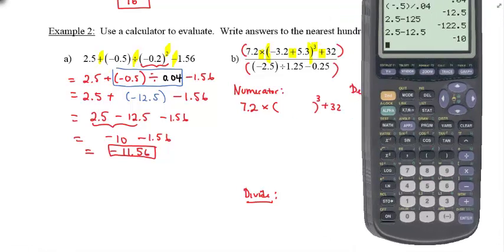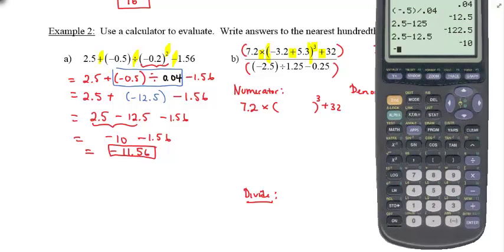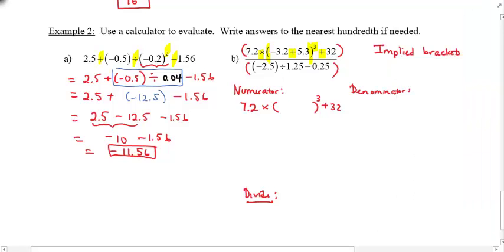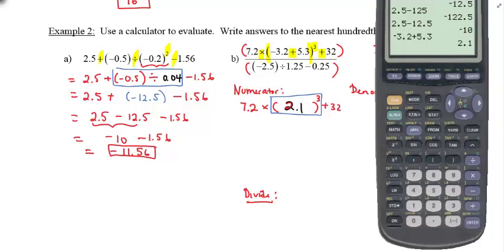So that would be negative 3.2 plus 5.3. That's just 2.1. Next up, how about cubing? So let's cube it. 2.1 cubed.